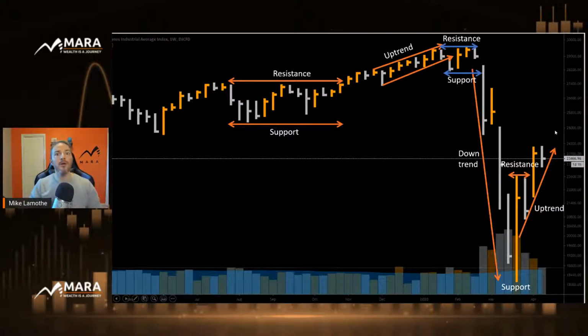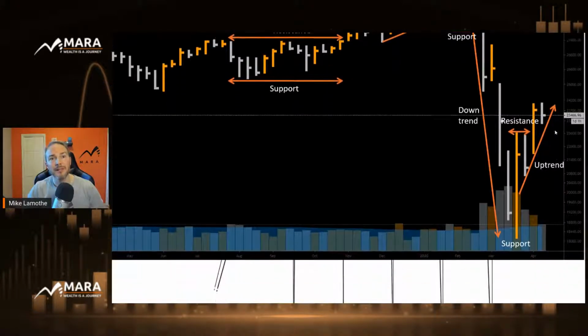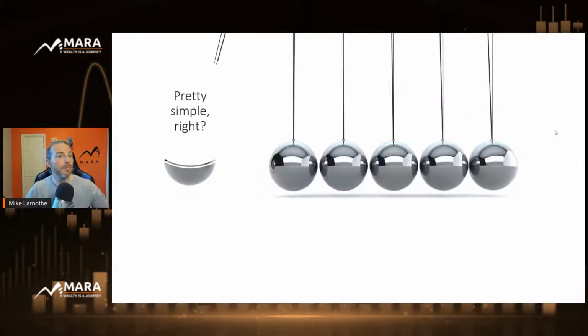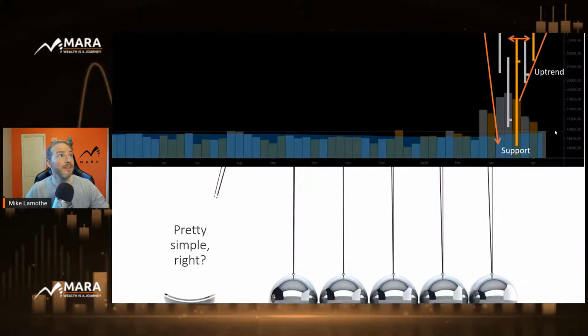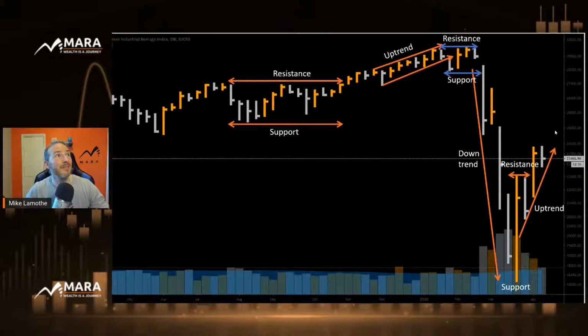Now, one of the things with support and resistance too, and actually, let me show you this too. Support and resistance, all this stuff, is pretty simple, pretty straightforward. None of it is rocket science. What we're talking about here is basically looking at price structure and understanding that price has memory, and because of that, we're able to fairly accurately assess reward to risk.